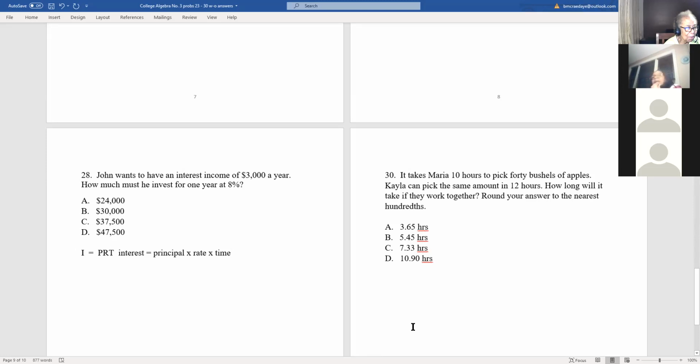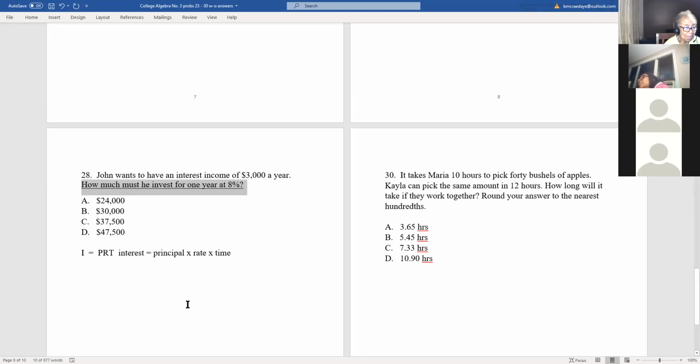We're looking for how much he's going to make in 1 year? No, what does that say? How much must he invest for 1 year? So how much must he invest for 1 year is really principal.